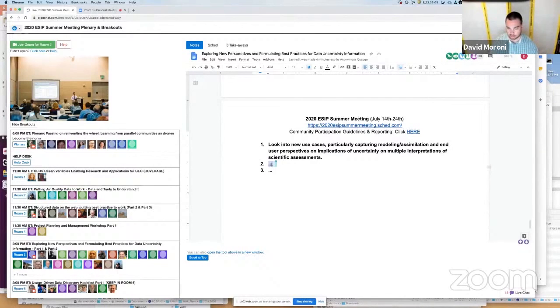All right, so let's move on. What I'll do is allocate these two other ones, because we're only limited to three here, to what folks want to contribute. For number 2, maybe have a takeaway that's common between Peng's session, which was on modeling and assimilation, and Yakshing's session on suborbital and in situ.